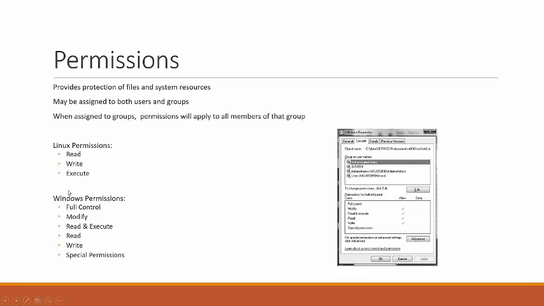Now, Windows is along the same lines, but it's a little more comprehensive. Under Windows permissions, you also have the standard read and write permissions, which mean pretty much the same things they do under Linux. You have a hybrid permission called read and execute, which allows you to do just that, read the contents of it and execute it, if it was a batch file, let's say.